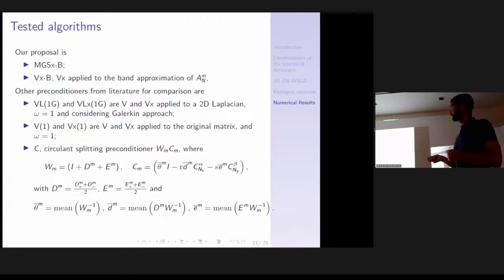So we compare our proposal with its smoother, which was a standard strategy, standard semi-coarsening, and with other strategies found in literature, like the cycle applied to the two-dimensional Laplacian with weight fixed at 1. Even if you change the weight, it doesn't change almost anything in later tests.